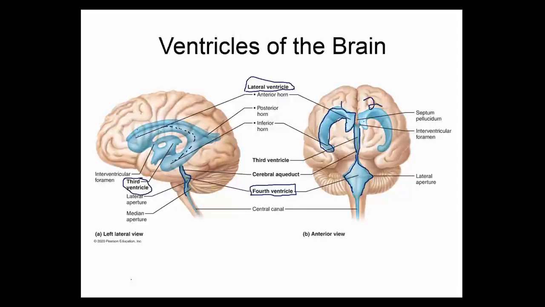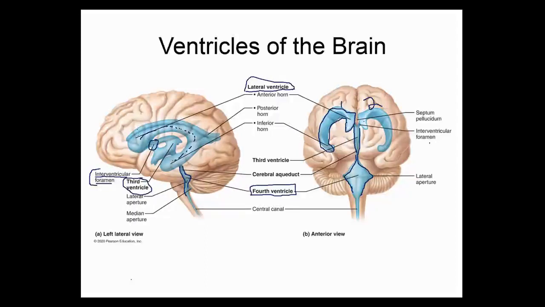And so the flow is going to come down from the lateral ventricle into the 3rd ventricle through what's called the interventricular foramen. So interventricular, between the ventricles, and foramen is the hole. So it's the hole between the ventricles, and that is at that juncture right there.